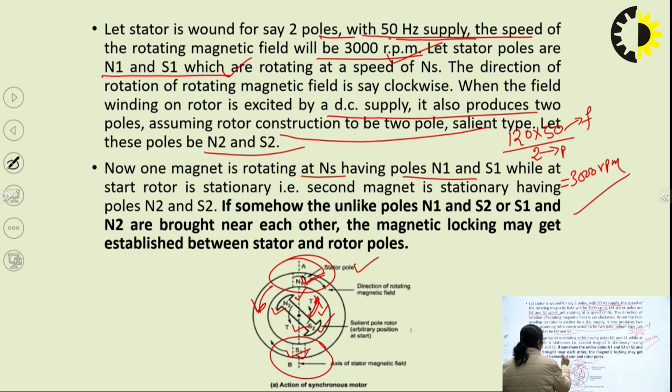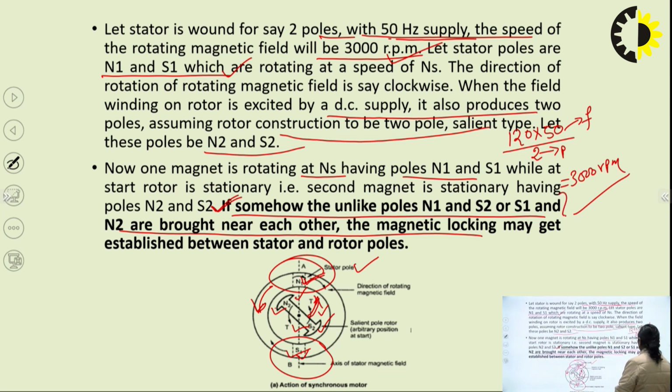If somehow, let us assume, the unlike poles N1 and S2 or S1 and N2, instead of what I have shown in the schematic representation, are brought near to each other, the magnetic locking may get established between the stator and rotor poles.